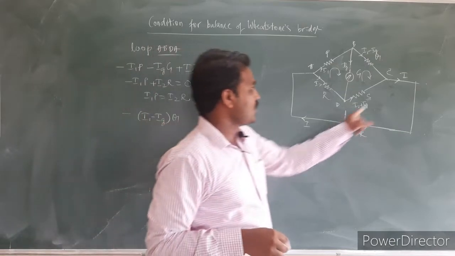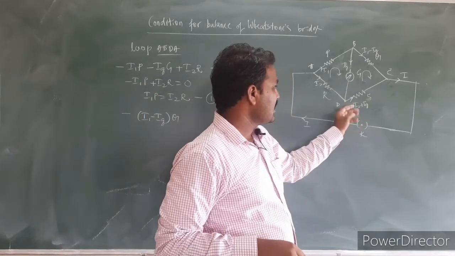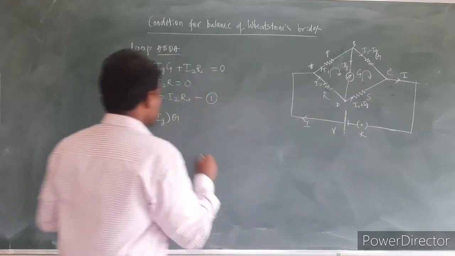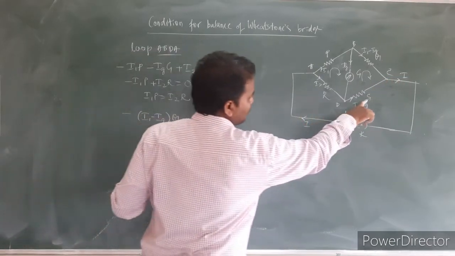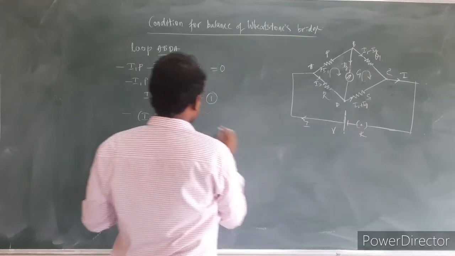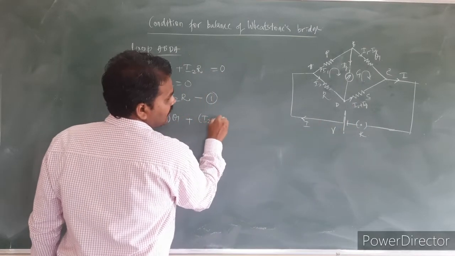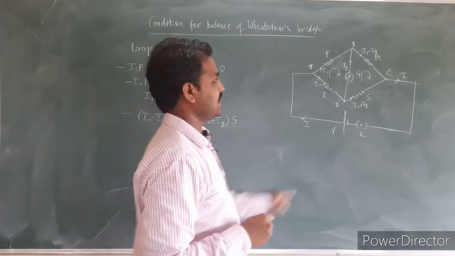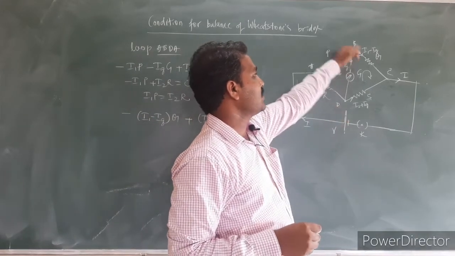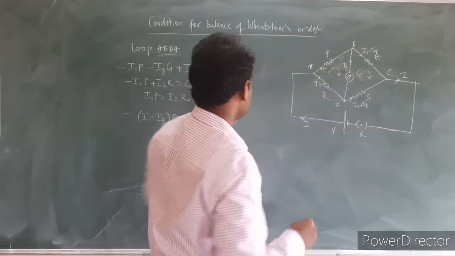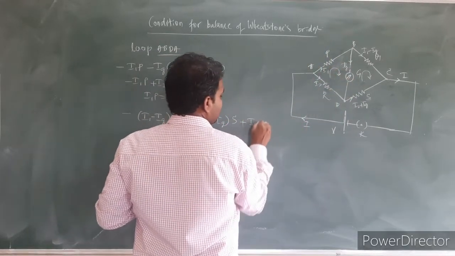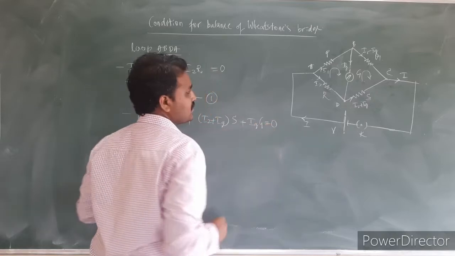Yes, then we shall move from C to D here, but the current is coming in the opposite direction of our assumption. So that potential drop we take as plus here. The potential drop at resistance S is equal to what? I2 plus Ig into S. Yes, then let us move from D to B. The current is again coming in the opposite direction. So that potential drop because of this Ig, I write it as plus Ig into capital G is equal to 0.